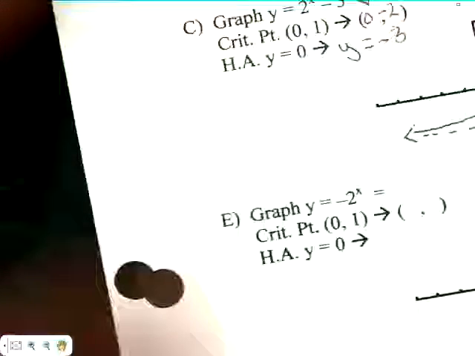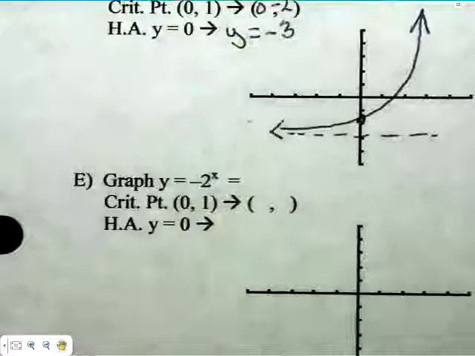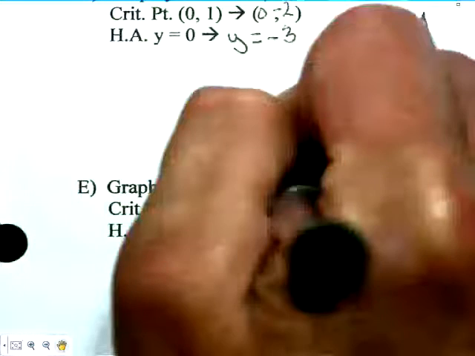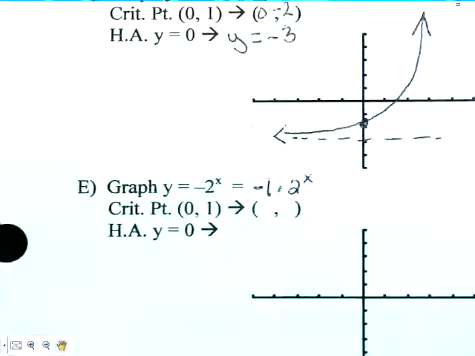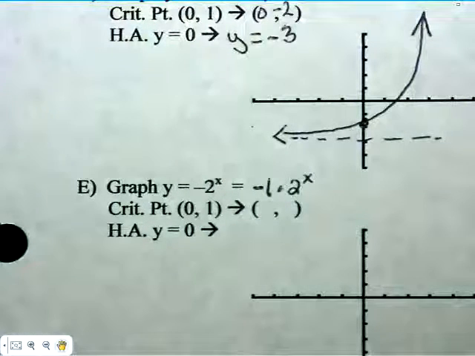So going back to example E, is that negative part of the base? How do you know? Not inside parentheses, it's not part of the base. That's negative 1 times 2 to the x. So is that base negative? No. Have we violated our definition? Nope, that's fine.